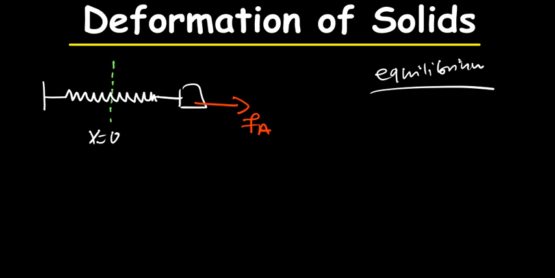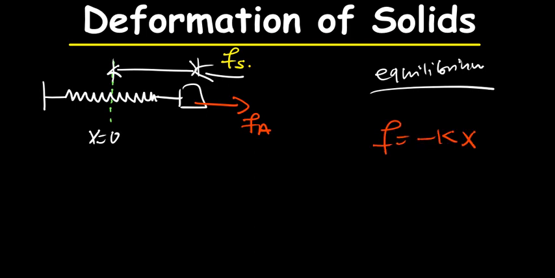The force that is pushing that object to go back to its original position is what we call the restoring force, and it is directed in the opposite direction to the applied force. The distance from the original position to where the spring is now is what we call x. Therefore, the restoring force is given by negative kx.